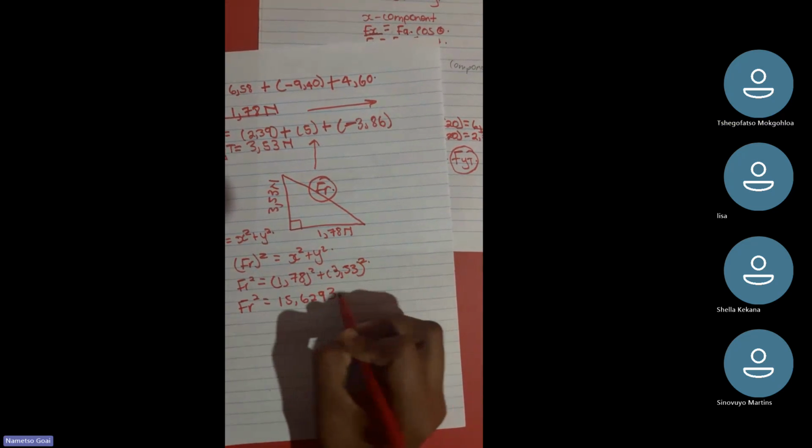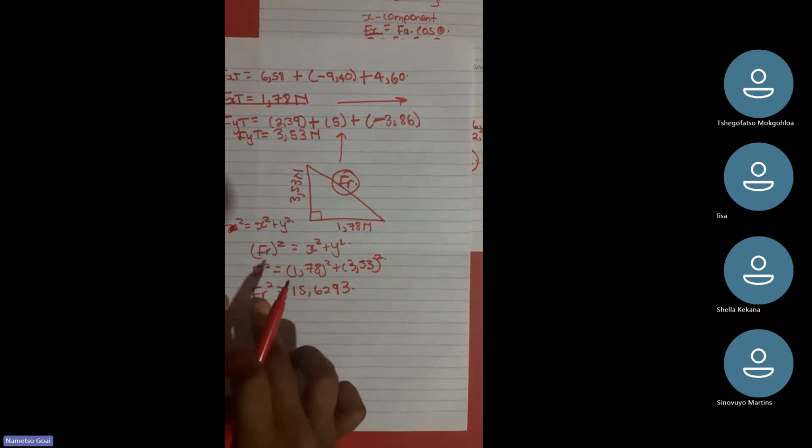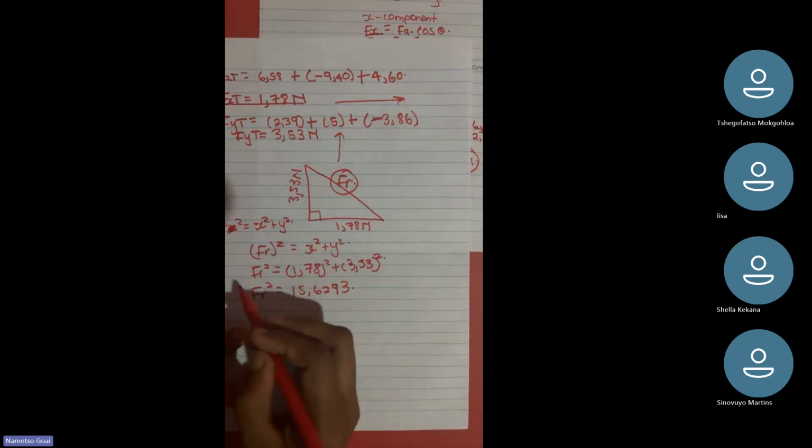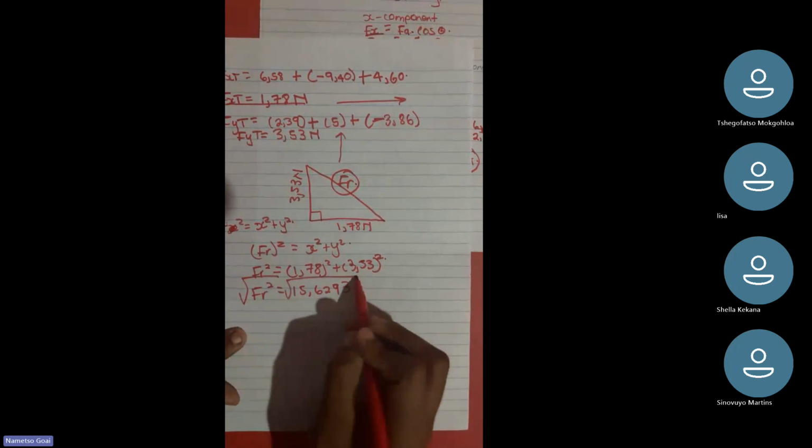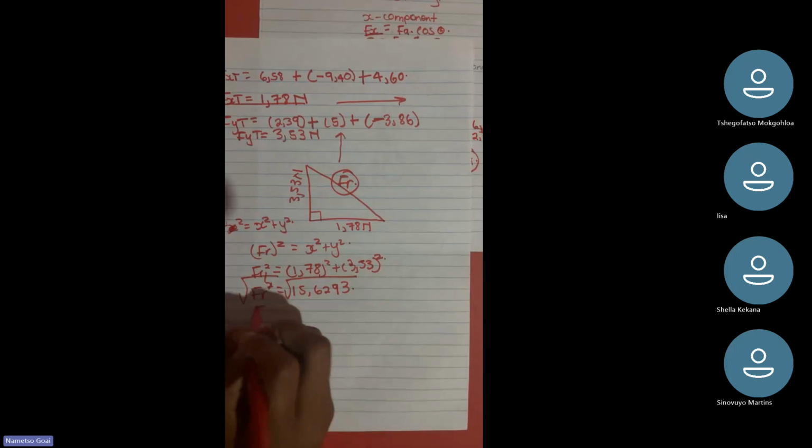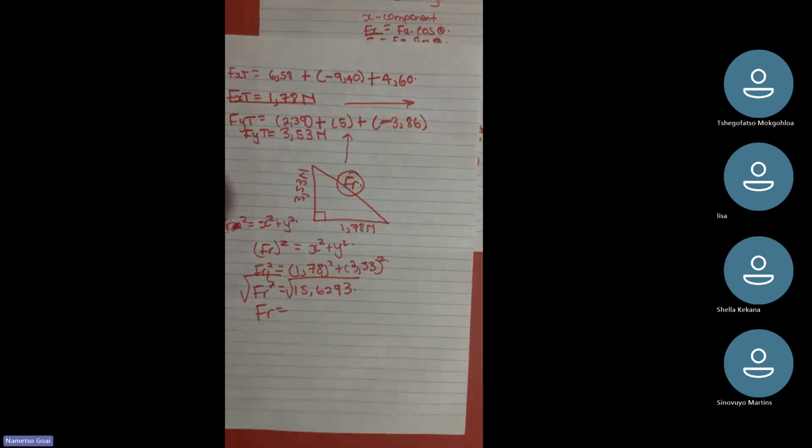15,629. Okay, but because this is FR squared and we're just trying to find FR, we can introduce what? The square root. This 2 will cancel. FR, if you put this 15,6293 under a square root, what are you going to find? 3,95.